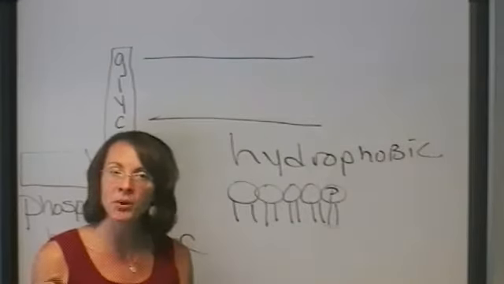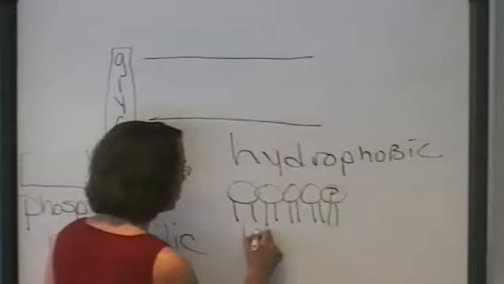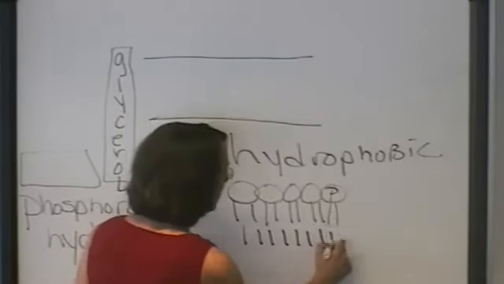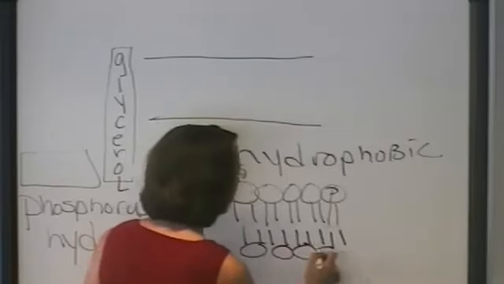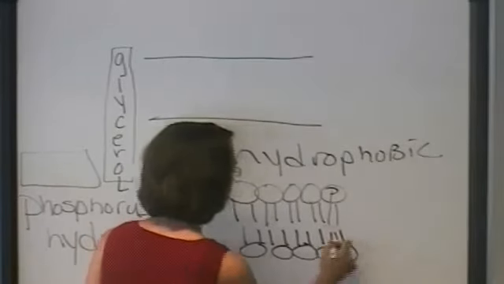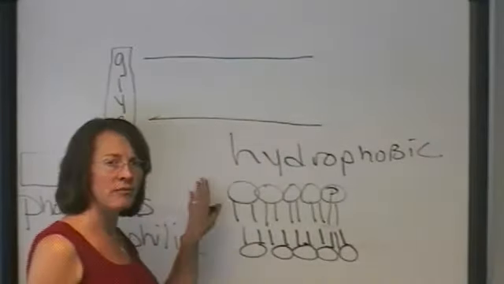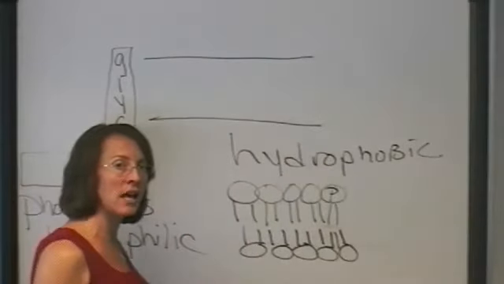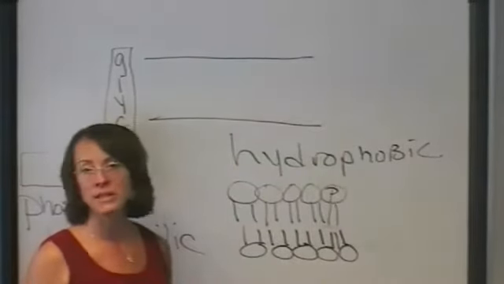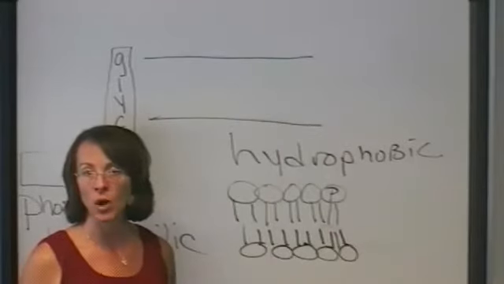And in the cell membrane, we actually have two layers of this, with the fat facing the inside and the phosphorus facing the outside. So the phosphorus will interact with the water surrounding the cell or inside the cell, because once again, we're made up of 60 to 80% water.